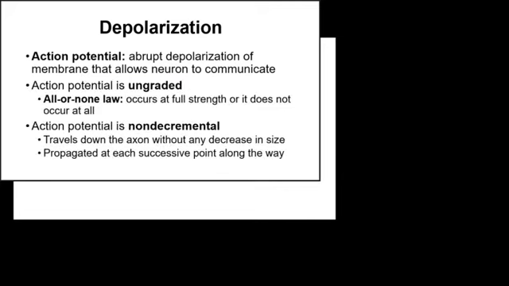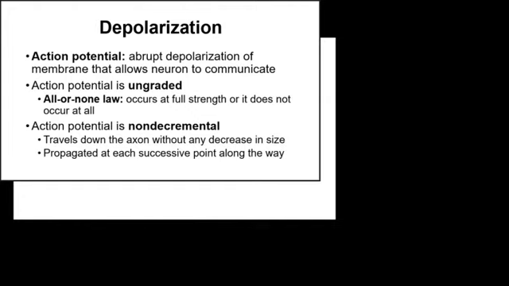Now, before we talk about the specifics of what's leading to each of those different stages, I just want to talk about the difference between action potentials and local potentials. Unlike the graded local potential, action potentials are ungraded, meaning that it isn't going to change in magnitude based on the signal that comes in.